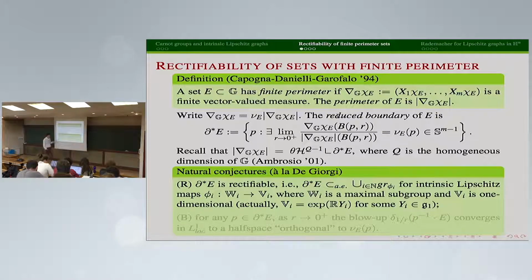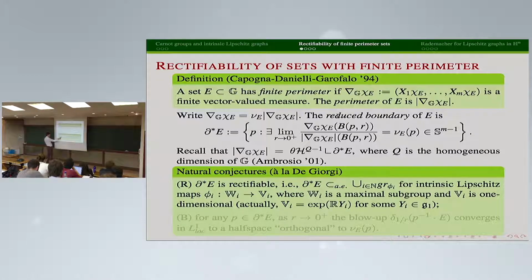Rectifiable means that up to negligible sets, negligible with respect either to the Hausdorff measure or to the perimeter, your choice, the reduced boundary is contained in a countable union of intrinsic Lipschitz graphs. So the graphs of countably many phi's, so graphs of codimension 1.